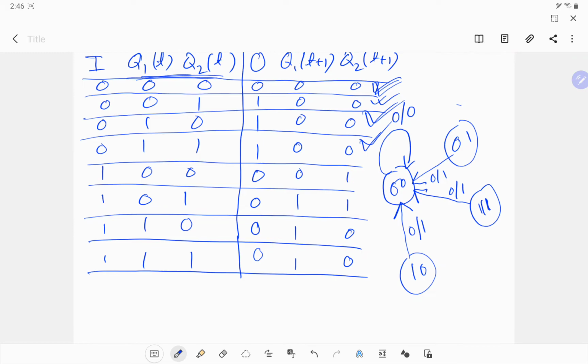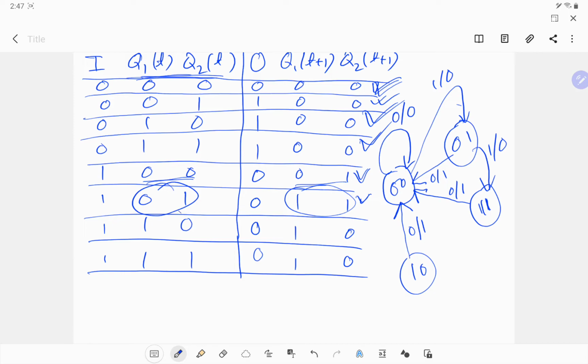For the fifth combination, the state transition is from 00 to 01. Here you go, and input is 1, output is 0. Then we got 01 to 11, input is 1, output is 0.